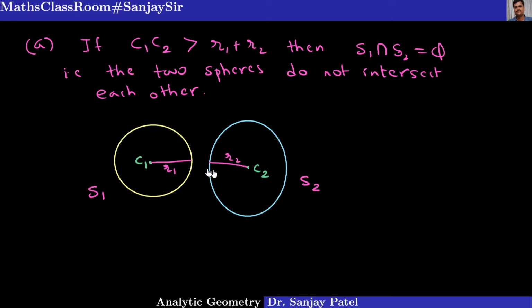It is clear the distance between these two centers is greater than R1 plus R2. So in this case, we have S1 intersection S2 is equal to the null set. So this is the first case.